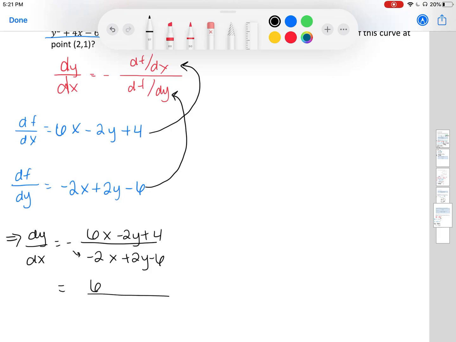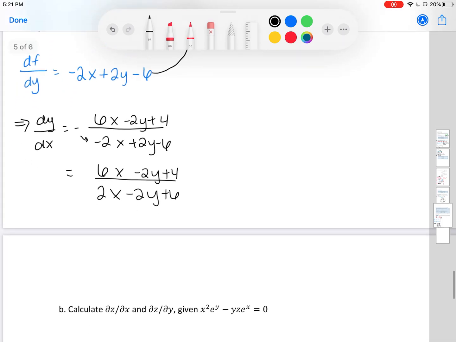So I have 6x minus 2y plus 4 over 2x minus 2y plus 6. And we see we can factor a 2 from the numerator and denominator.